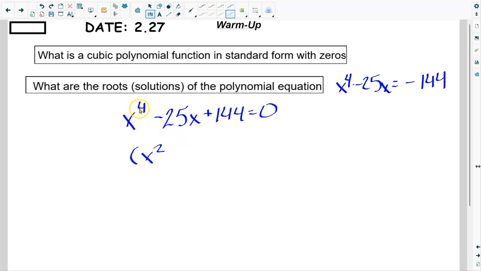So I can appreciate that x squared times x squared will give me x to the fourth. Okay. All right. Now the approach is different, but again, you guys have the skills. So here I need two numbers that multiply. Okay. Let me set it up this way first.